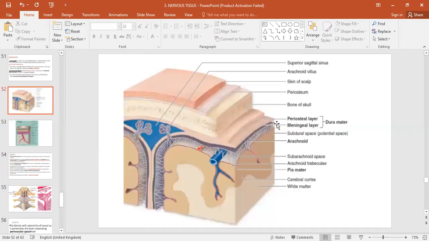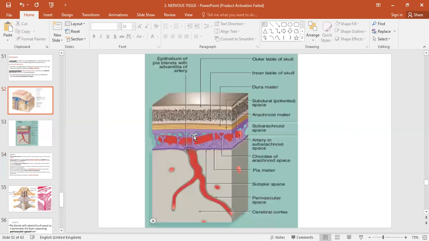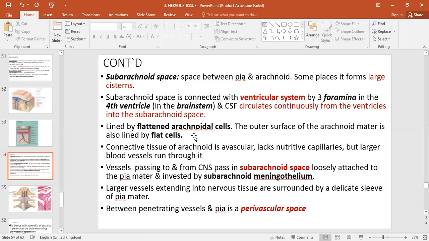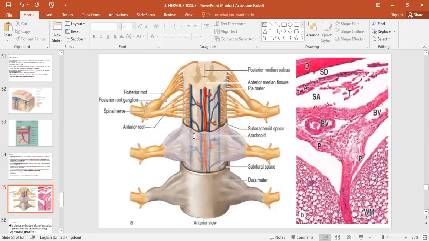In the skull, the outer layer is called the periosteal layer because it's close to the periosteum of the skull. The inner one, we call the meningeal layer of the dura mater. So that's why the dura mater in the skull is thicker than dura mater in the spine or vertebral column. This is what we are seeing here.